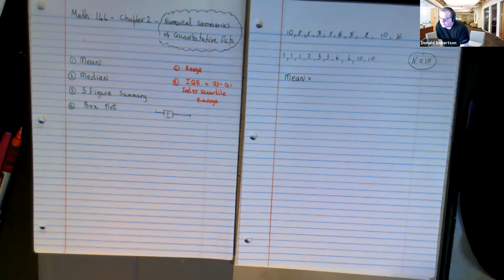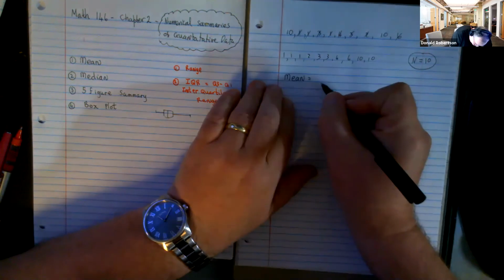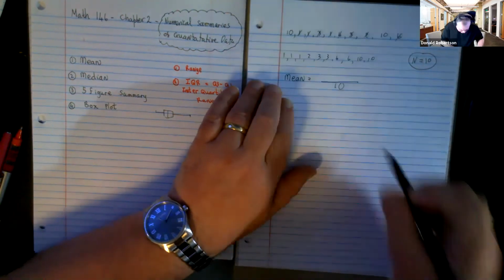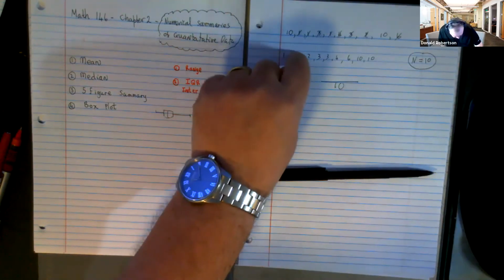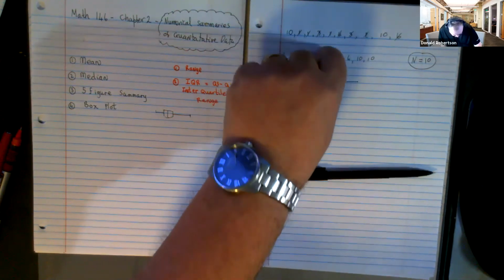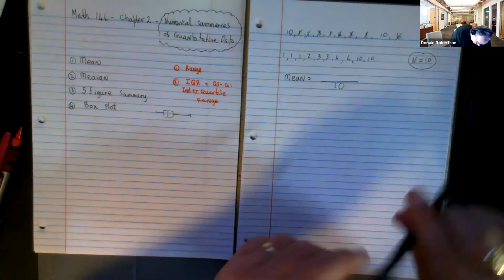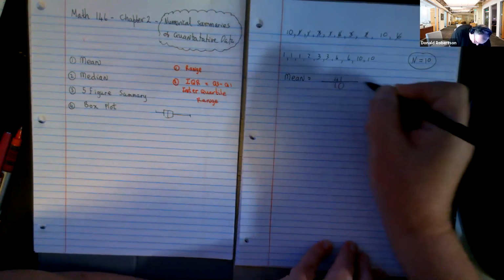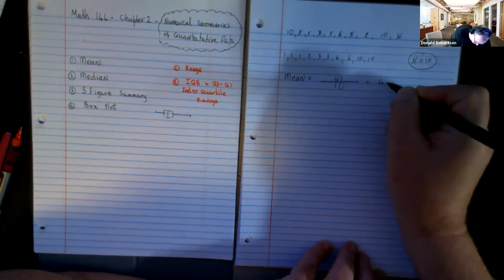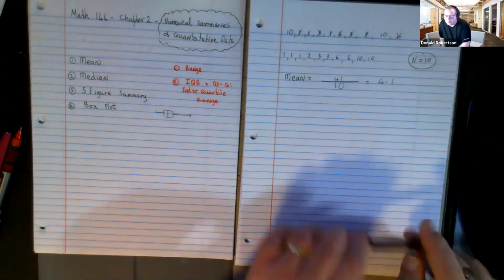So in this case, n equals 10. So I know that I'm going to divide by 10. And here goes. 1, 2, 3, 4, 5, 6, 7, 8, 9, 10, 11, 15, 21, 31, 41. And the answer I got is 4.1.